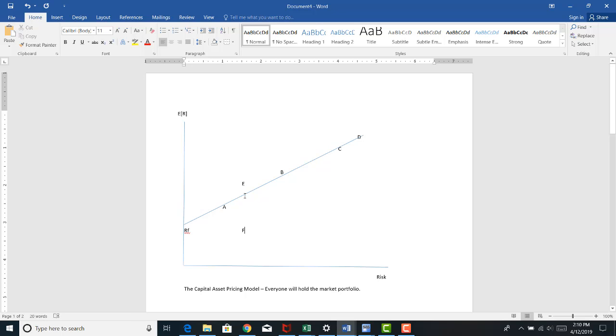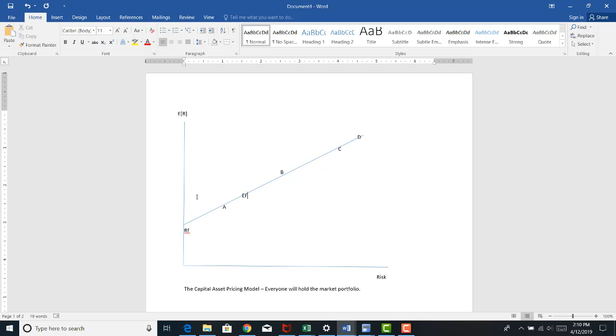Well, you'd prefer E over F. You would buy E, which would cause the price of E to go up and the expected return to go down. You would sell F, which would cause the price of F to go down and the expected return to go up. And eventually those two would converge to that market line. Does that make sense?